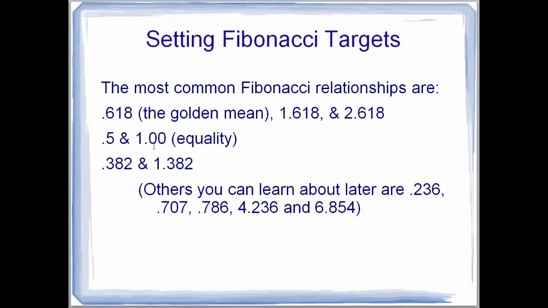Also, 0.5 and 1.0 are associated with equality, and you see those quite often. And then the others I always look for, depending on the wave count, are 0.382 and 1.382. So those are the biggies right there.